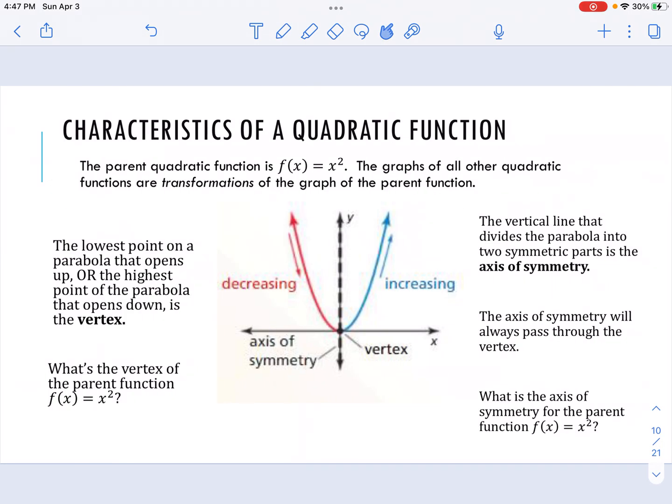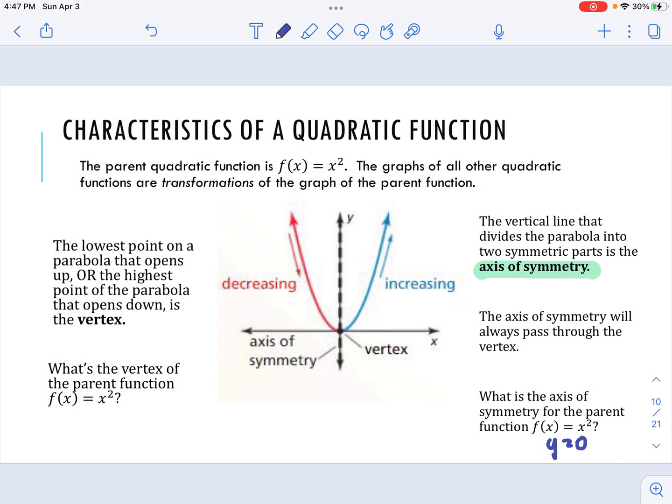The next important piece of vocabulary we want to talk about is the axis of symmetry. Now, the axis of symmetry is the vertical line that cuts or divides the parabola into two symmetrical parts. The axis of symmetry will always pass through the vertex. So in this case, what is my axis of symmetry here? Good, y equals 0.